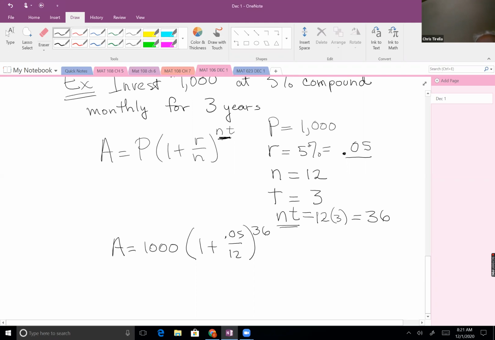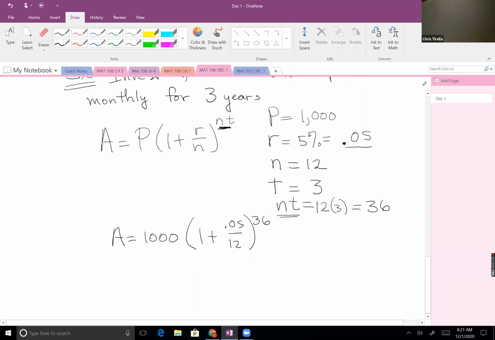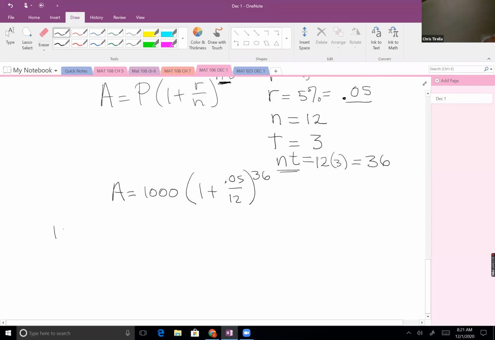Now, in terms of how you'll do this with your calculator, I would type in 1,000 times, open parentheses, 1 plus 0.05 divided by 12, close parentheses, and I think most people, to raise to a power, use that caret up button on the calculator, 36.